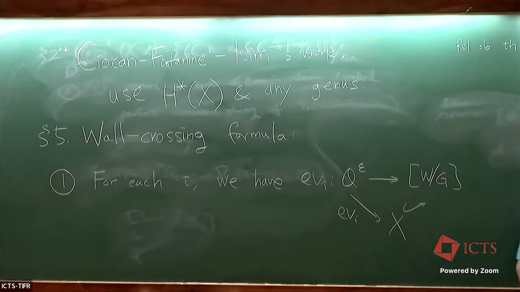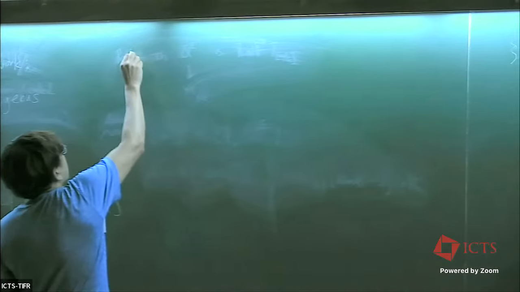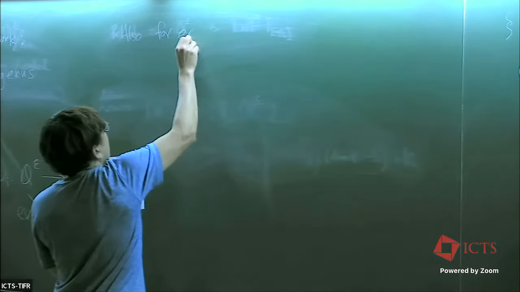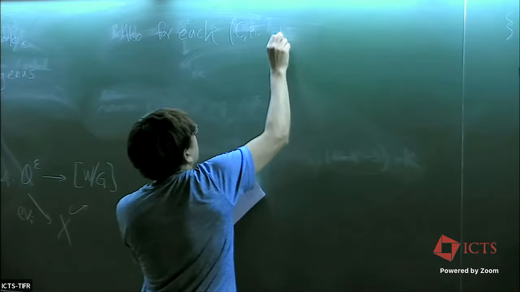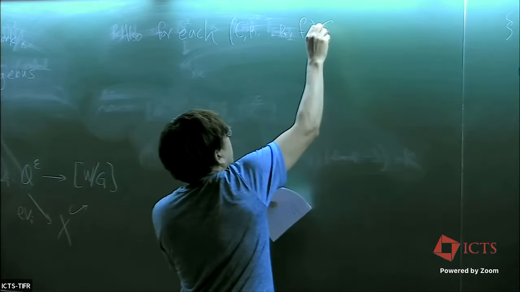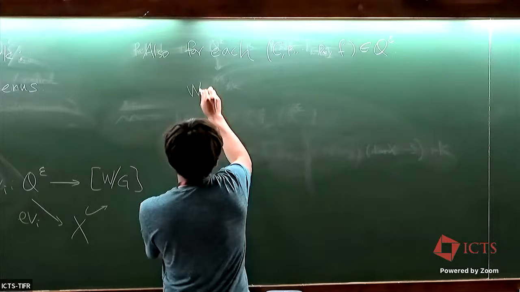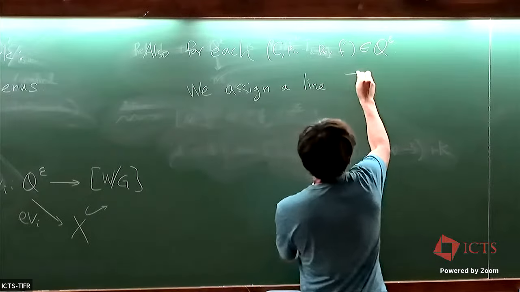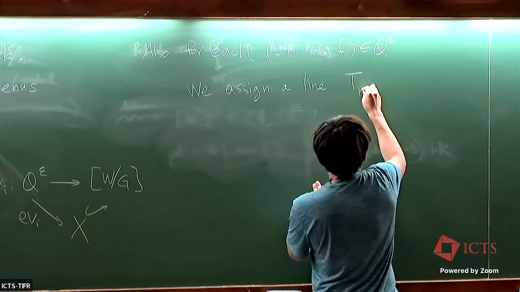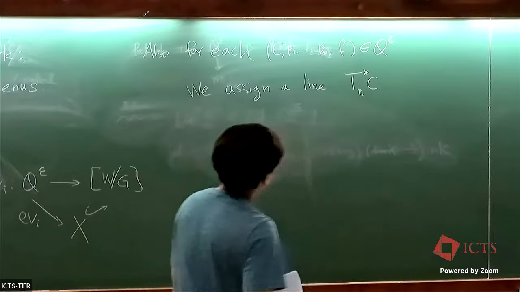Also, for each object in Q epsilon, we can assign a line, the cotangent line of C at the point Pi.